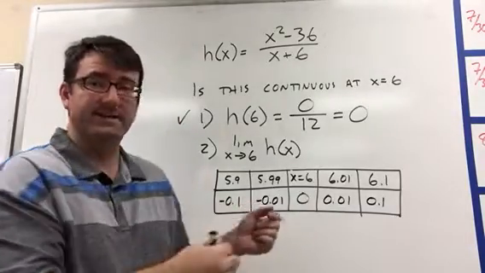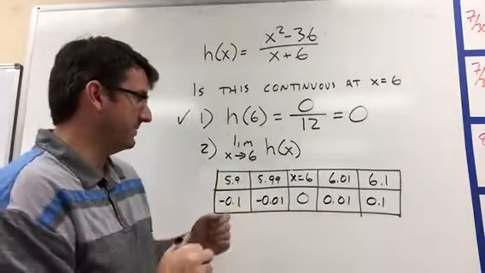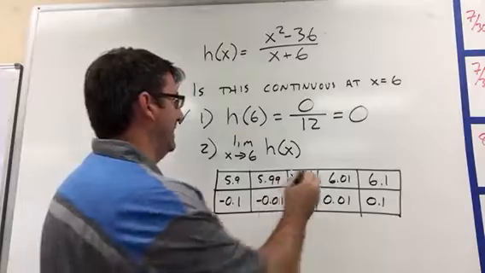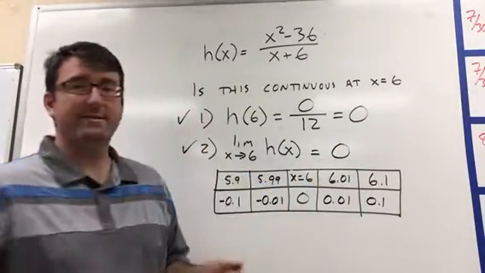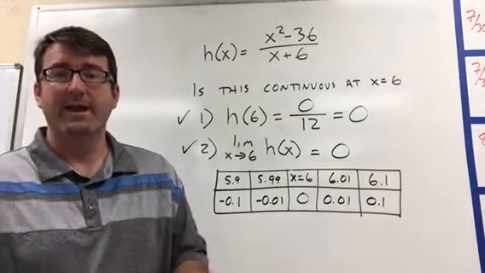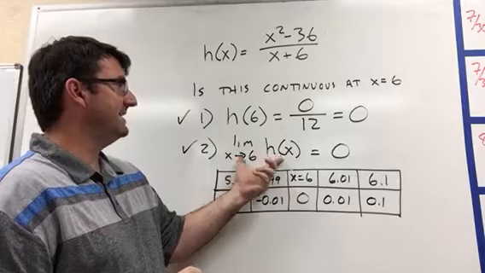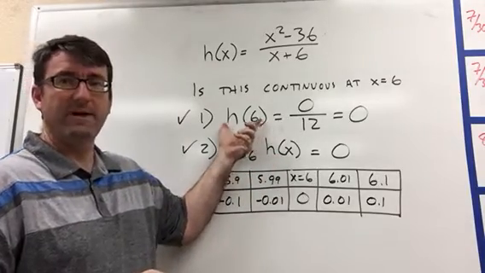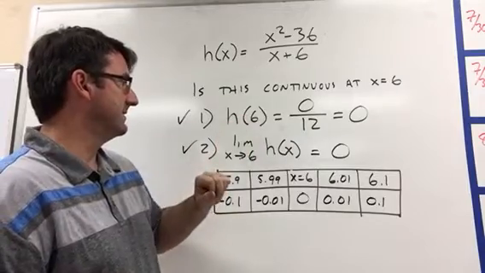So the limit does exist because it's getting closer and closer to the same number as we come in from both sides. And that limit is equal to 0. So we passed part 2 of our continuity test. And part 3 is just, if this limit exists, is it equal to the value of the function at x equals 6?